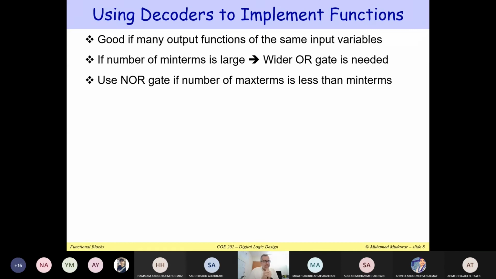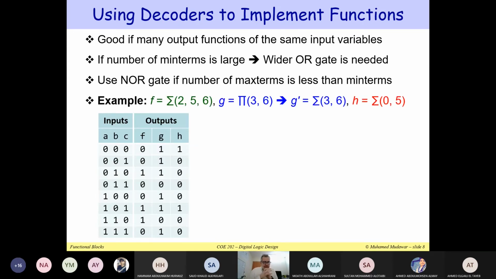Here's another example. Sometimes you might have a function that has a large number of minterms but only a few maxterms. Let us take a look at this example.